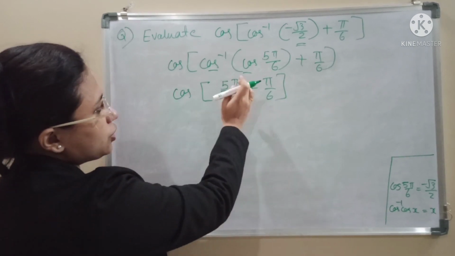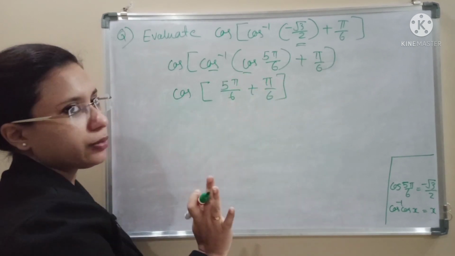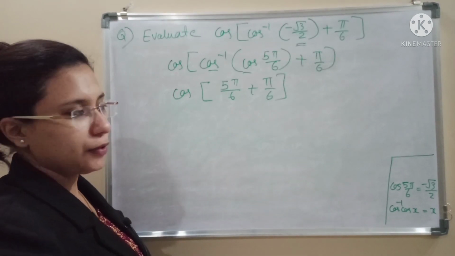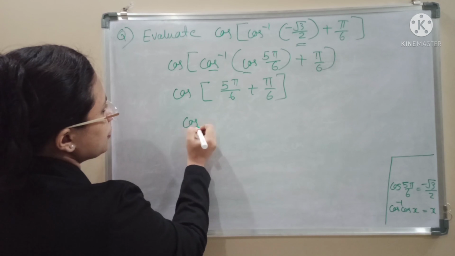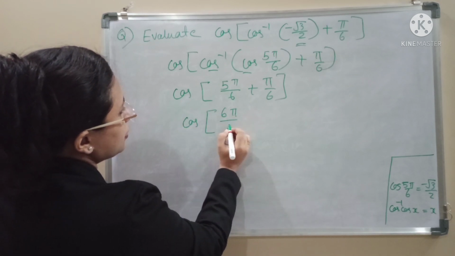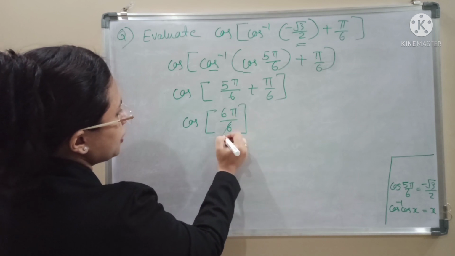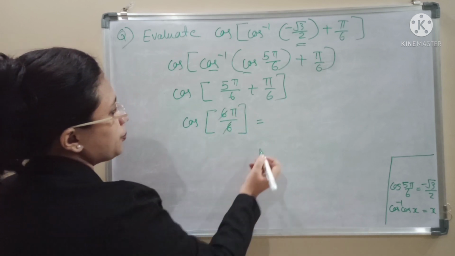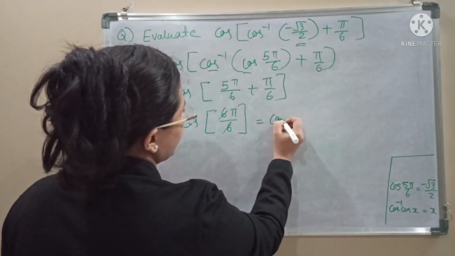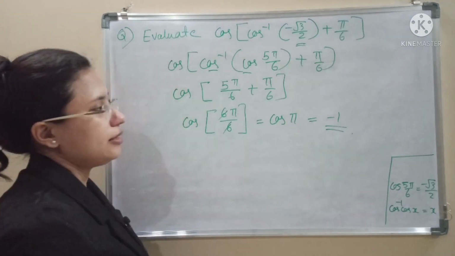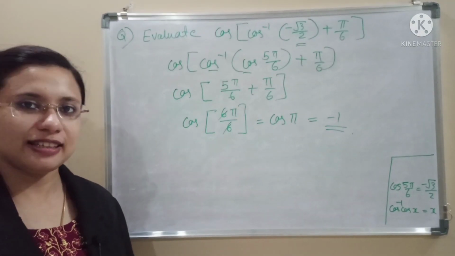If it is subtraction, just subtract both the numerators and put the denominator value. Clear? So 6 pi divided by 6, the 6 gets cancelled. So this will be cos pi, and cos pi value is minus 1. Okay, we'll see the next problem.